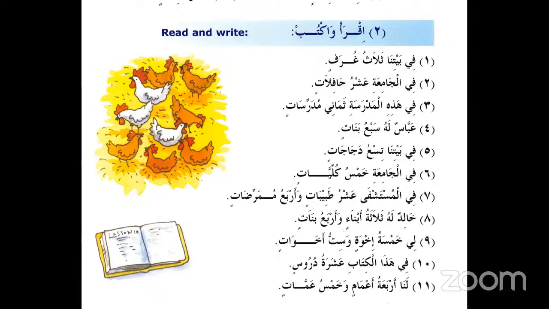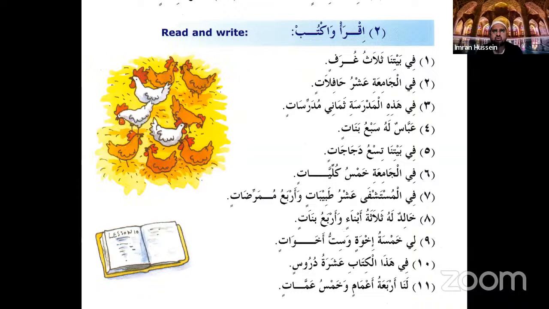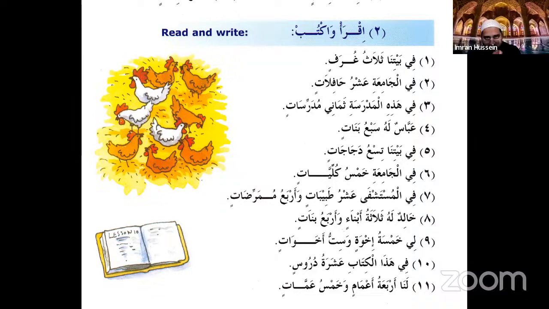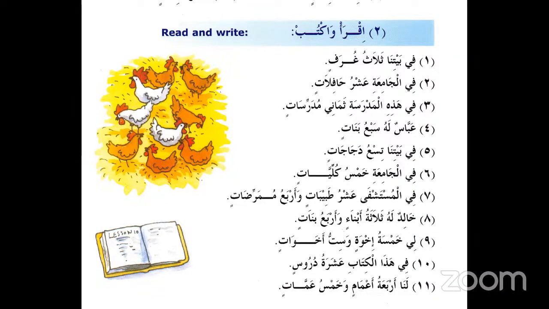في بيتنا 9 دجاجات. In our house, we have 9 roosters. No, the deek is rooster. The dajajat is hens. Okay, so there are 9 hens, chickens. في الجامعة 5 كليات.